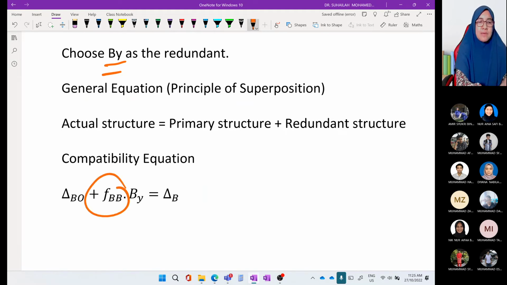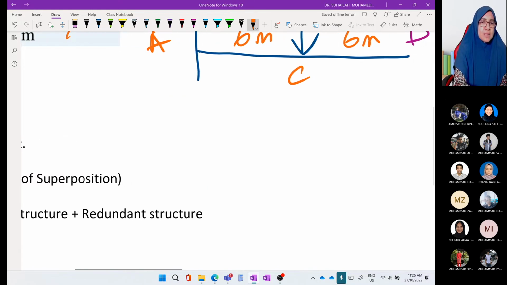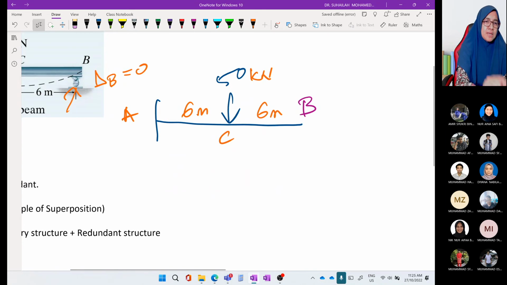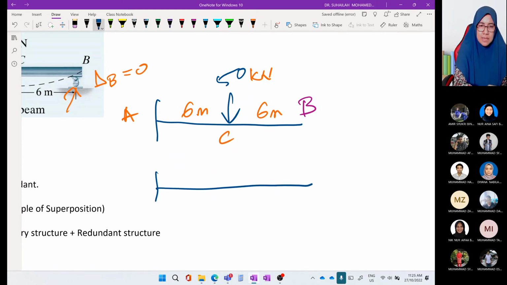Okay, FBB. FBB is deflection due to a unit value of redundant. Okay, the same type of beam, if the primary beam is a cantilever beam, the redundant also is a cantilever beam.